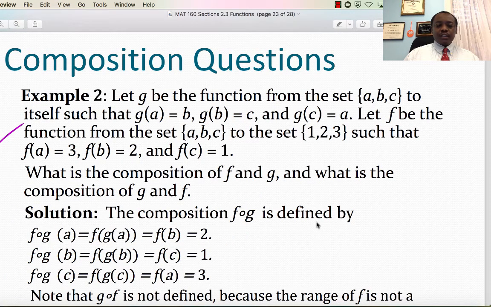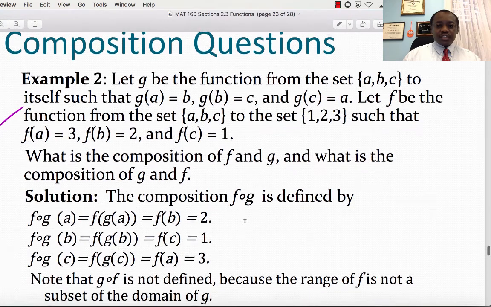And as we've done in this class, here's an example with finite sets defined as follows. We have our g, we have our f, and we expect you to find the composition f composed with g. It's a straightforward example.